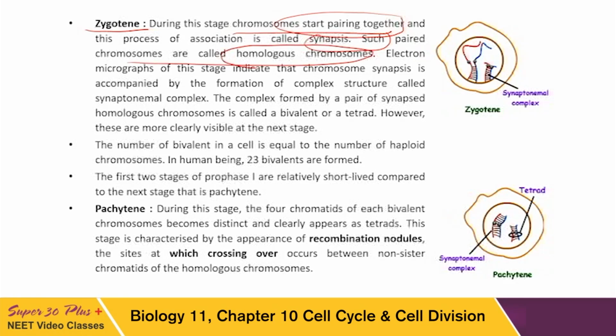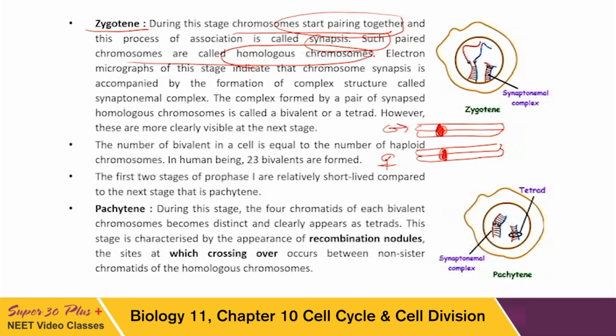You see, homologous chromosomes: this is one chromosome like this having 2 chromatids, and this is another chromosome of almost similar length and similar type. This is from one parent, this is from the other parent. They have become more condensed, their centromere is visible, and the two chromatids are there.